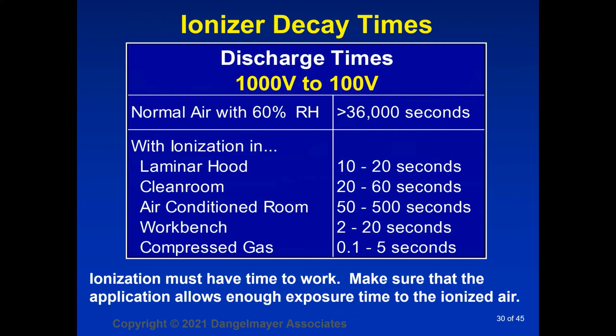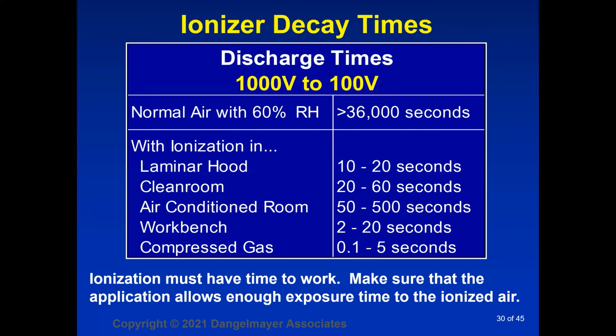But as you can see from the number there, it takes greater than 10 hours to do that. That's a long time. Now, with ionization in its various forms, you see that the time to neutralize the charge from 1,000 to 100 volts is anywhere from 1/10 of a second to 500 seconds, depending upon the type of airflow you have.